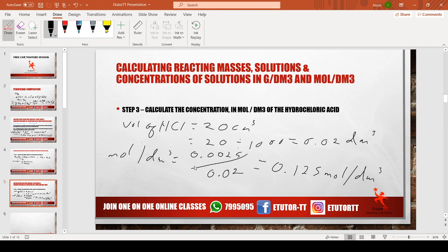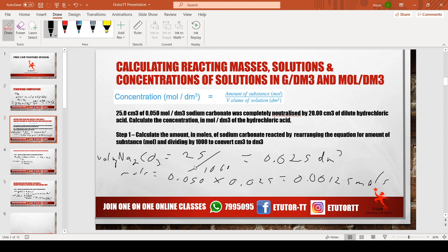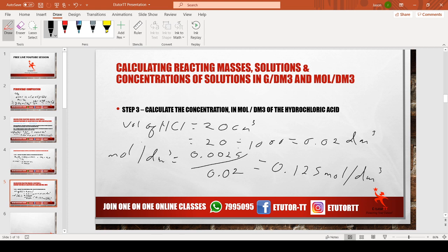And then for the equation part, as the equation says up here, to calculate concentration in moles per dm cube, we divide the moles of the substance by the volume of the substance in dm cube, which was 0.025 divided by 0.2, giving us 0.125 moles per dm cube, completing the question. If you have any questions, feel free to ask.